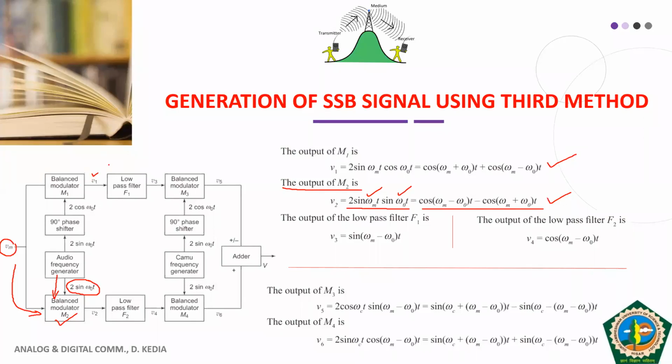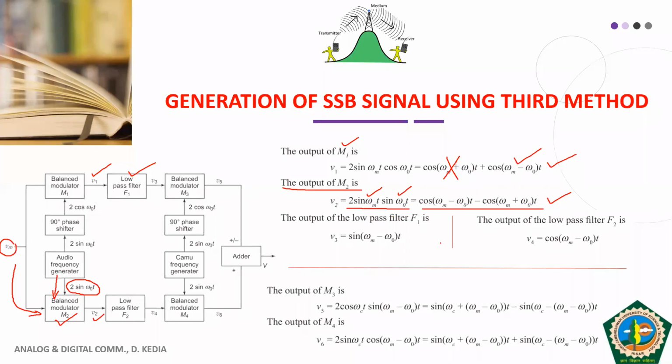So we have got V1 and we have got V2. Now we pass V1 through the low pass filter. What is the purpose of the low pass filter? The low pass filter passes the low range of frequencies and removes the high frequencies. If you carefully observe the output of M1, this is the high frequency which will be removed, and this is the low frequency which will be passed.